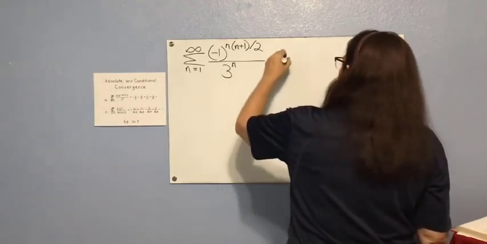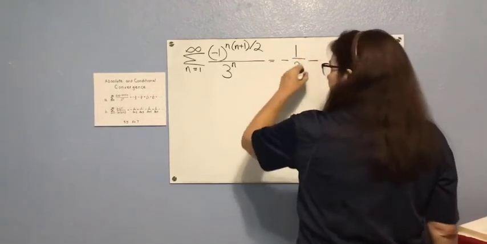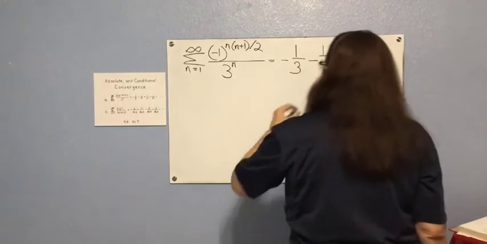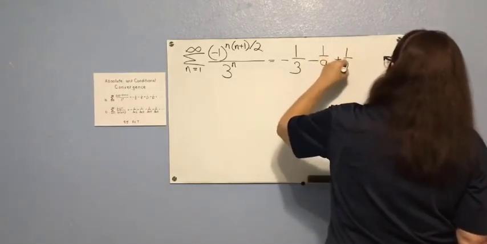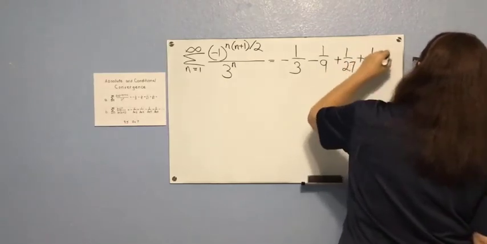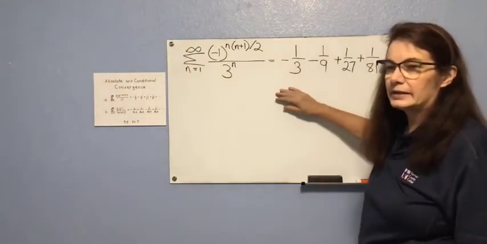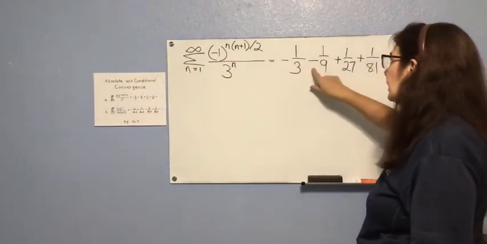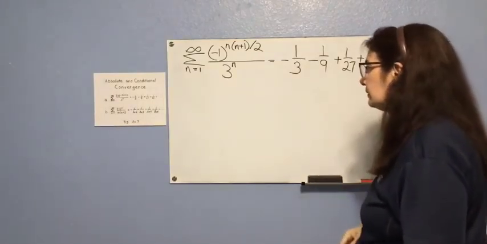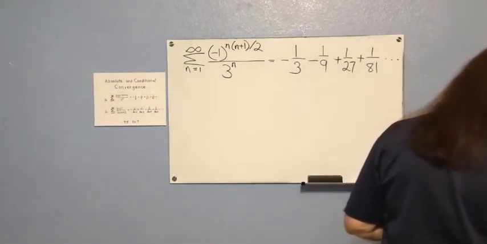That gives me negative 1/3 minus 1/9 plus 1 over 27 plus 1 over 81. We cannot use the alternating series test on this because I've got two negative terms and then two positive terms, and then two negative and two positive. So I can't use the alternating series test on this.